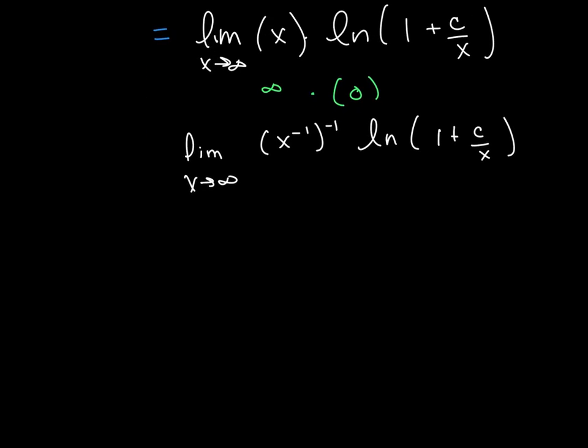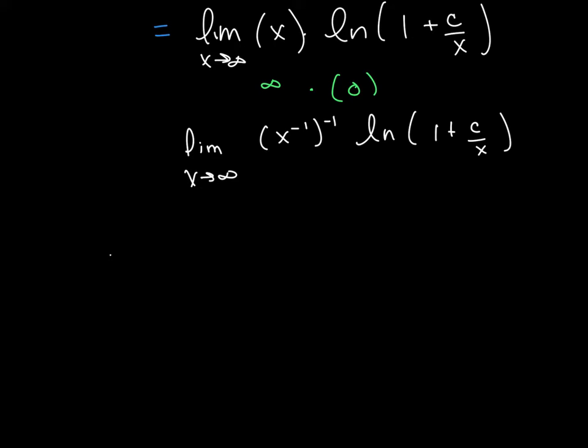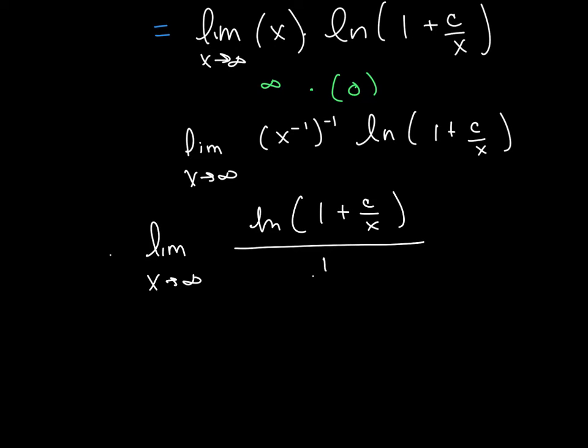So now I can rewrite this whole thing as the limit as x approaches infinity of the numerator, the natural log of 1 plus my constant over x, and my denominator is 1 over x. And again, it's a little strange, but what I'm saying is x to the negative 1, which is 1 over x, and then it's to the negative 1 power, which drops it in the denominator.